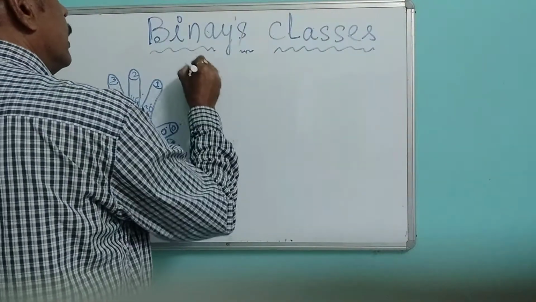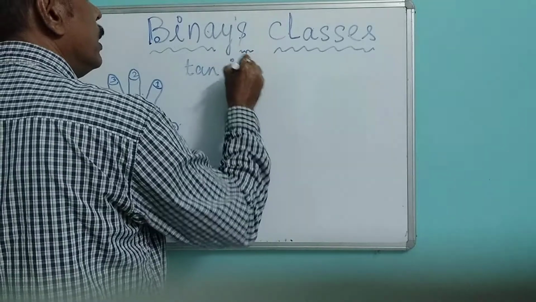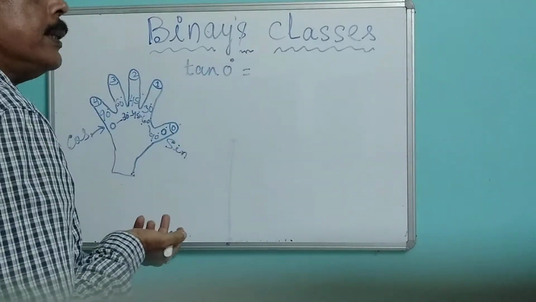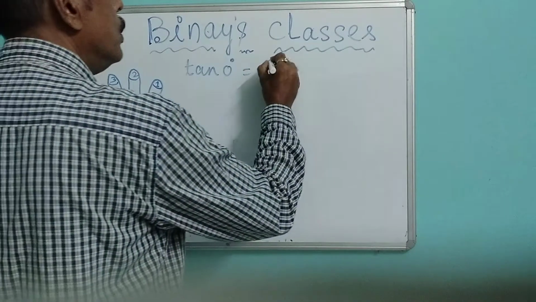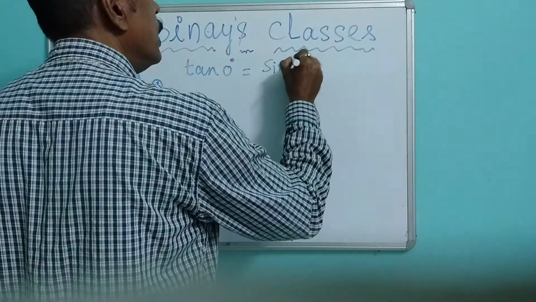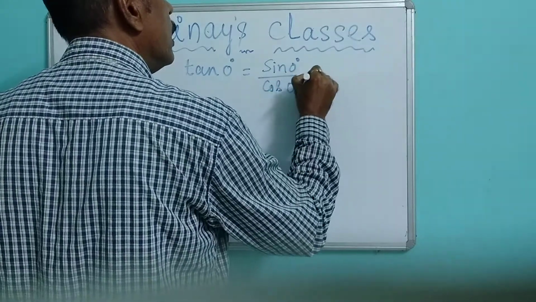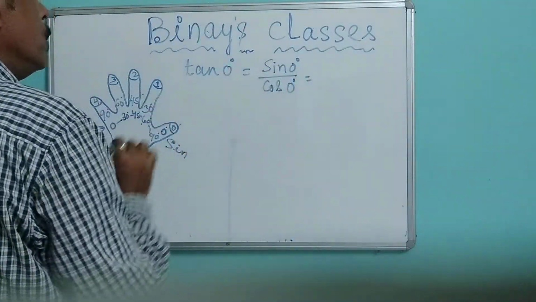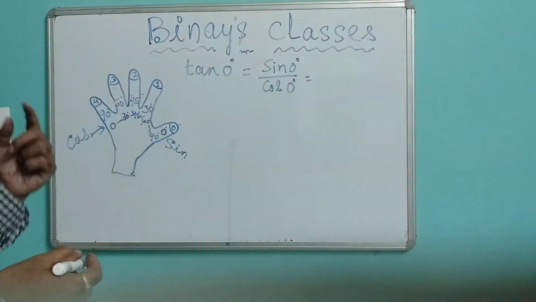Let us start with tan 0 degree. As you know, tan theta equals sin theta by cos theta. So tan 0 will be sin 0 degree by cos 0 degree. You have got already sin 0 degree.